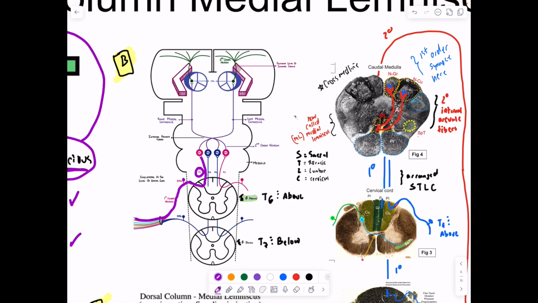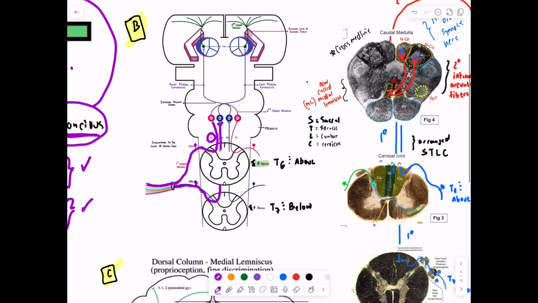And then for lower limbs, they are sending this first axon through the fasciculus gracilis. All right, and you think lower limbs, gracilis, G, there's a gracilis muscle in your legs, so you remember gracilis, G, lower limbs in the fasciculus gracilis. All right, so that is the first neuron. The second neuron is going to synapse.